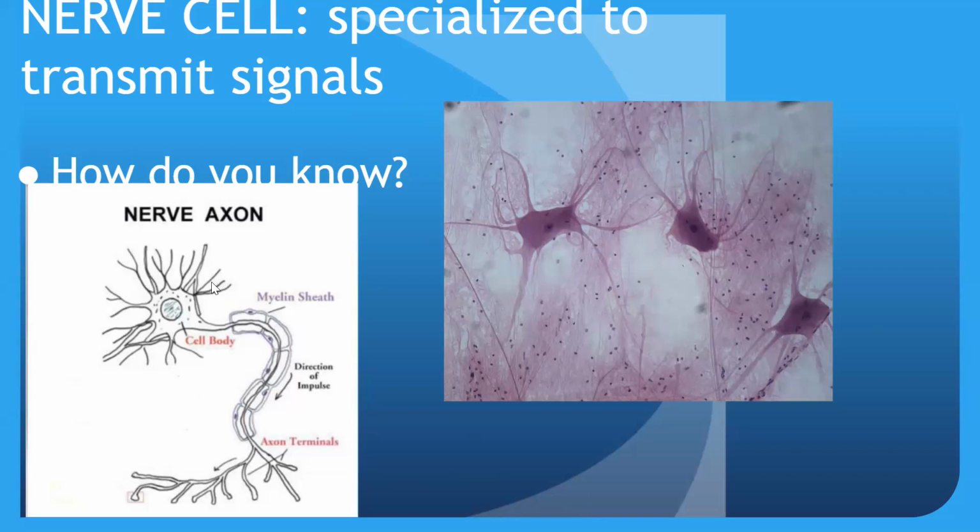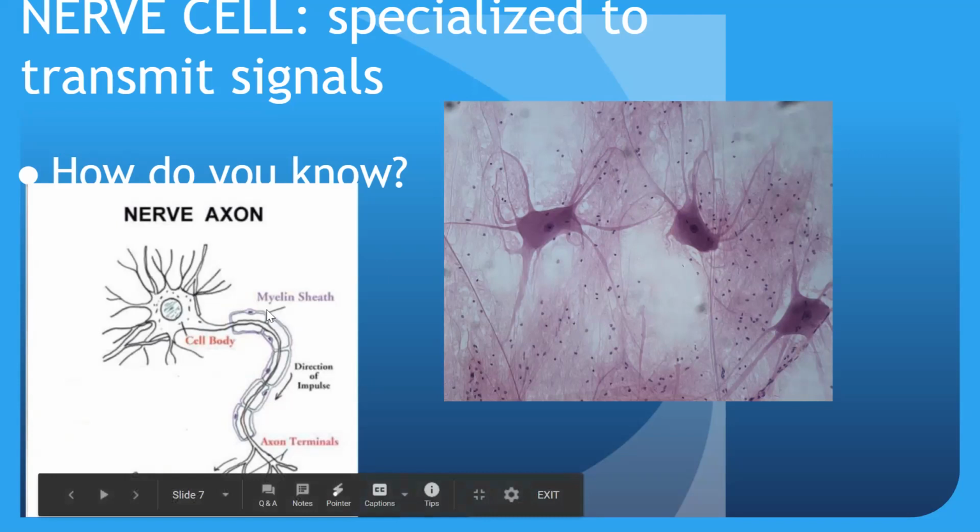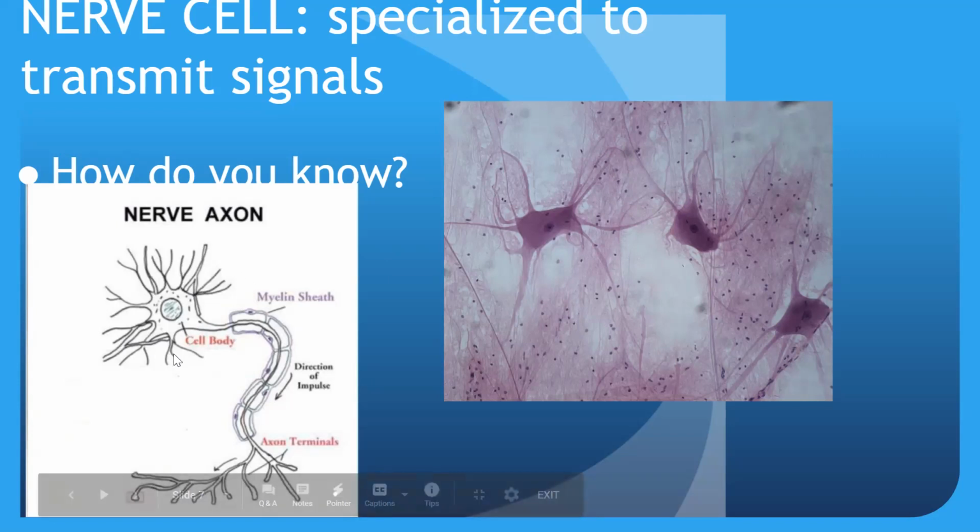How do nerves send their signals? Well, each of these nerves is connected to each other by these long tendrils we call axon terminals. These axon terminals are connected to each other. The axon terminal from one cell is connected to the cell body of the other.